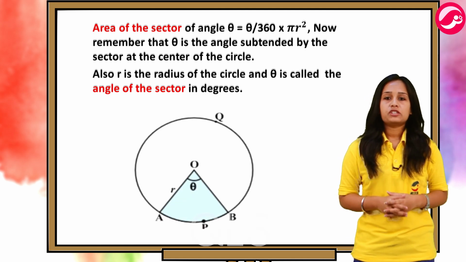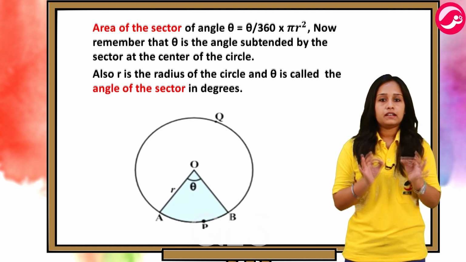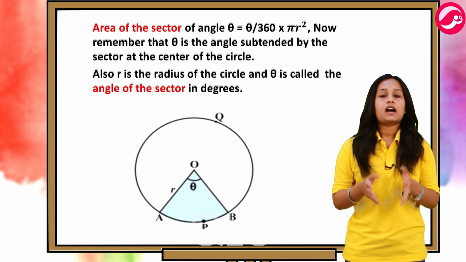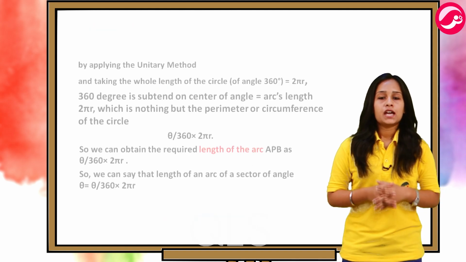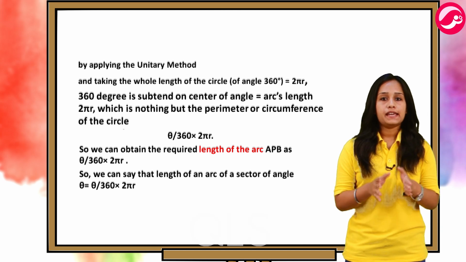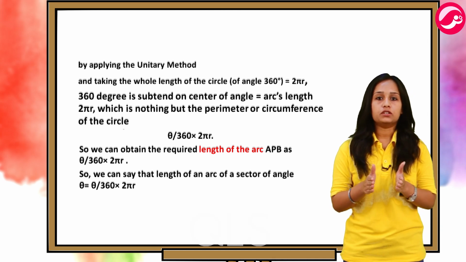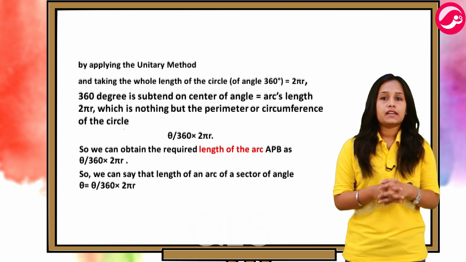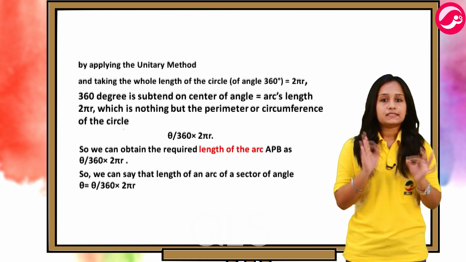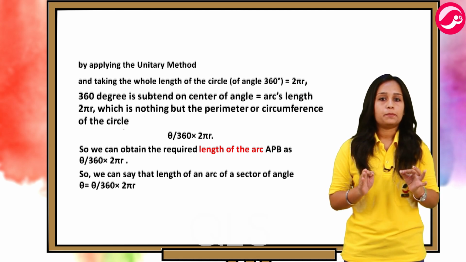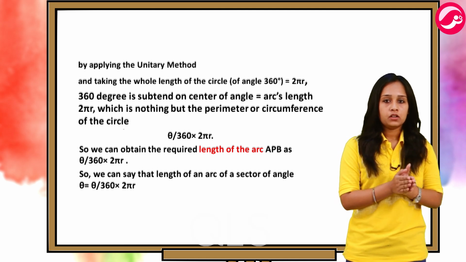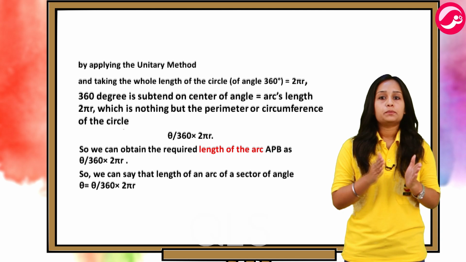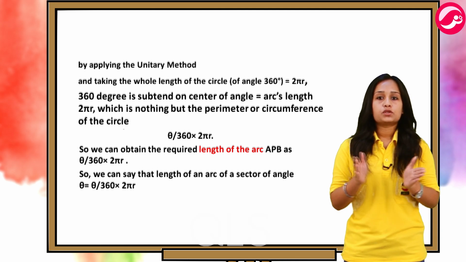Now, a natural question arises, can we find the length of the arc APB corresponding to this sector? So, the answer is yes. Again, by applying the unitary method and taking the whole length of the circle of angle 360 degrees as 2 pi r, we can write that if the angle subtended at the center is 360 degrees, the length of the arc is 2 pi r, which is nothing but the perimeter or circumference of the circle.